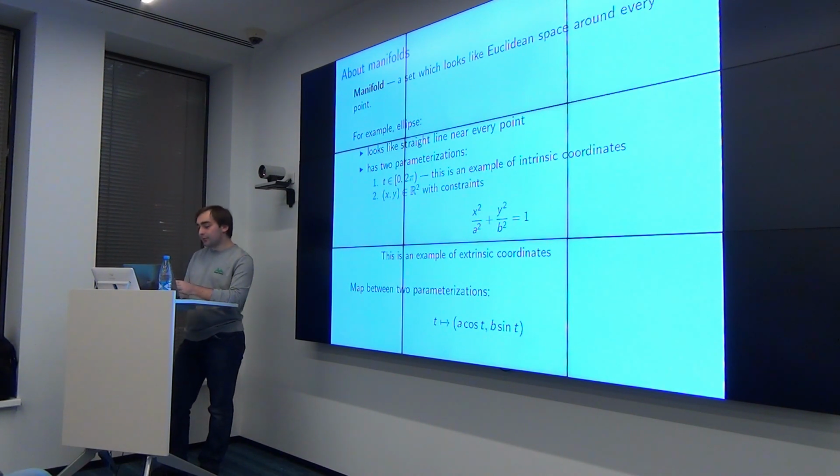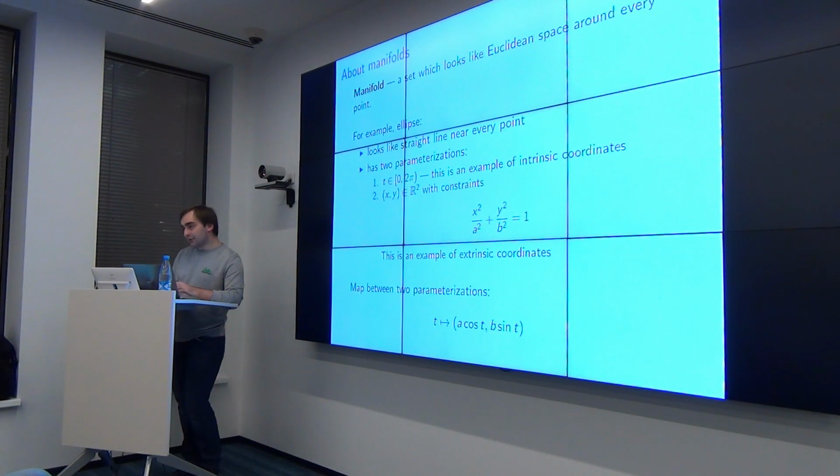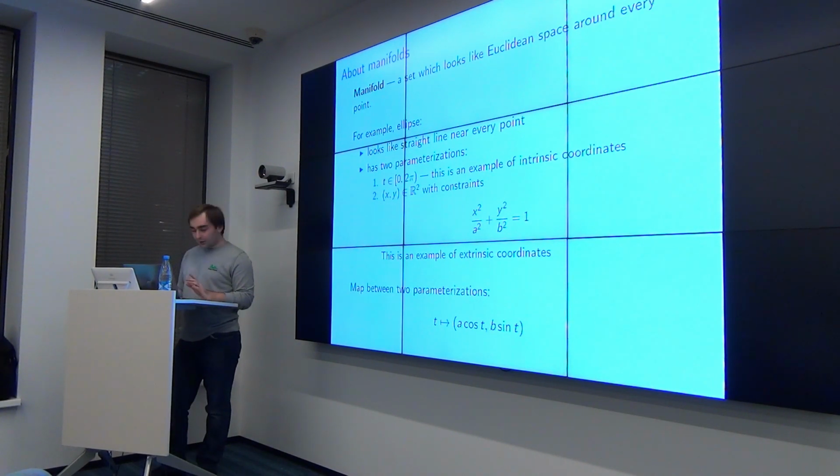So consider, for example, an ellipse. Imagine that you stand on the ellipse and you can look forward and backward, and the space looks like a straight line. So an ellipse really looks like a straight line near every point. In two-dimensional space? In 2 dimensions, yeah. Also, an ellipse has two parameterizations. They are quite different.